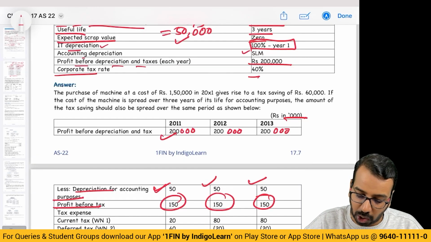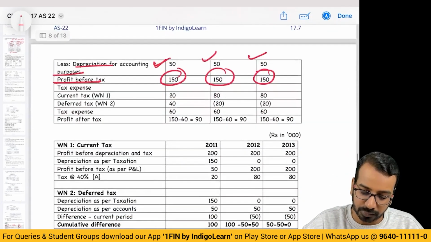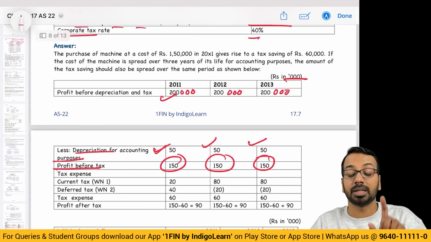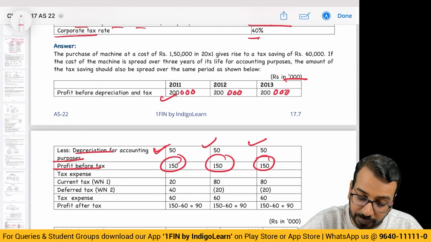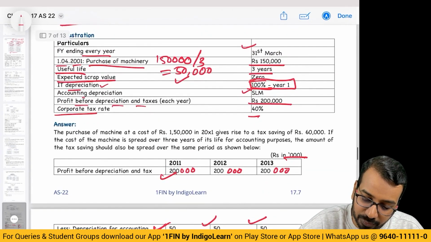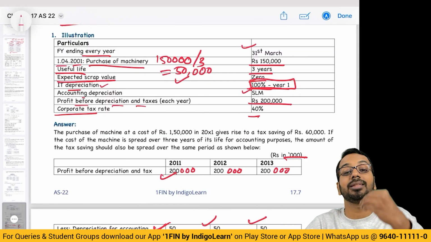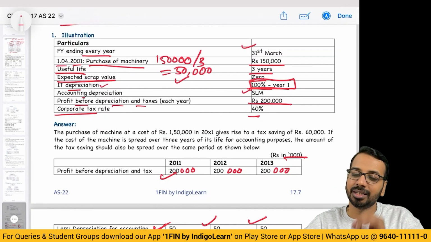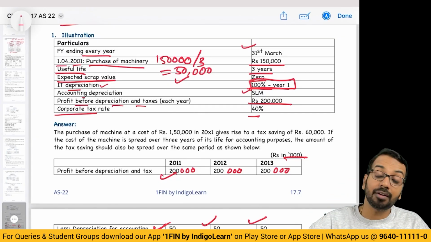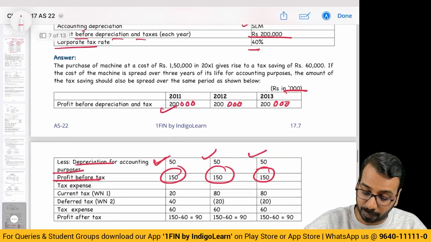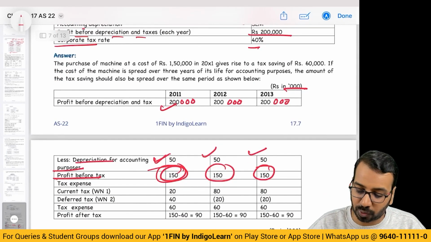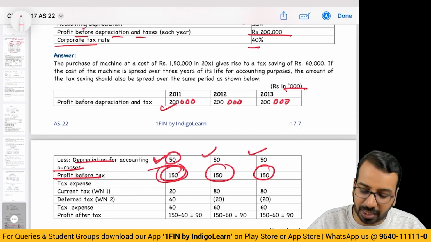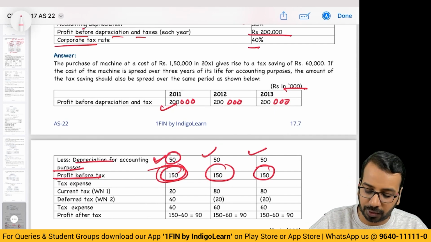Now, when it comes to taxation, taxation says we will give you the entire amount, 100%, as a deduction in the first year itself. Now here profit before tax is 150, depreciation we have taken only 50.